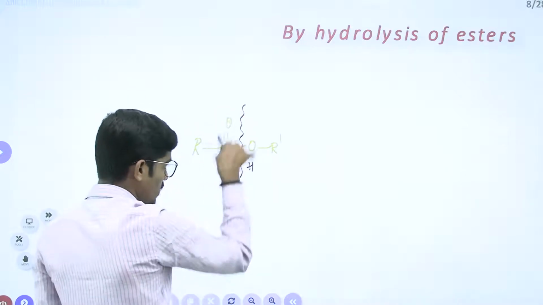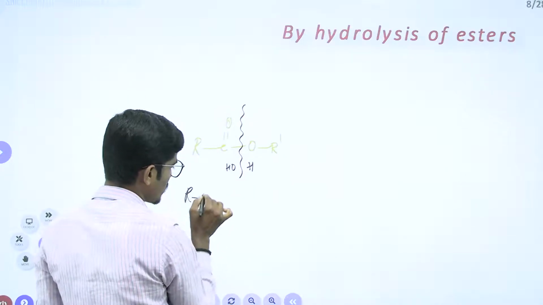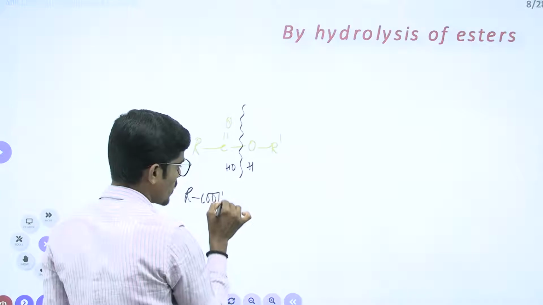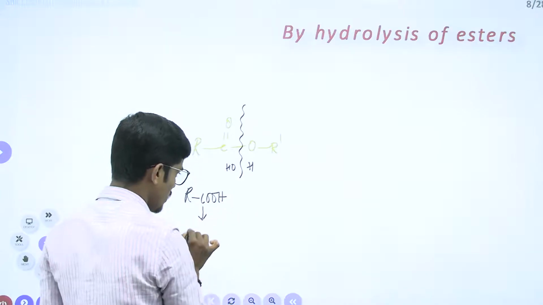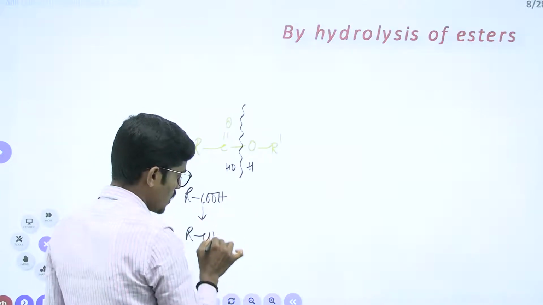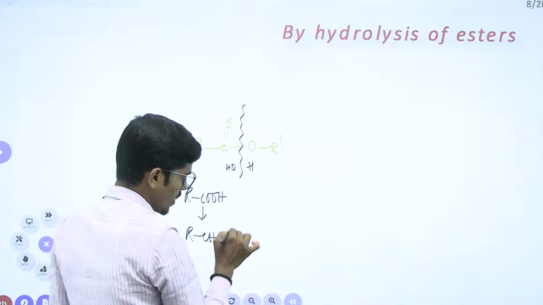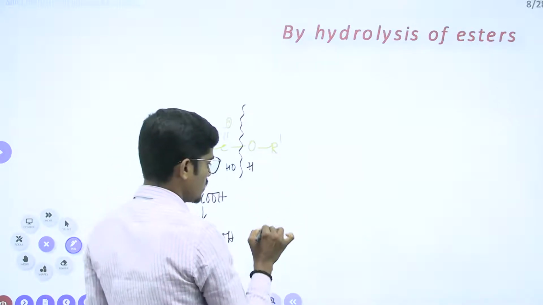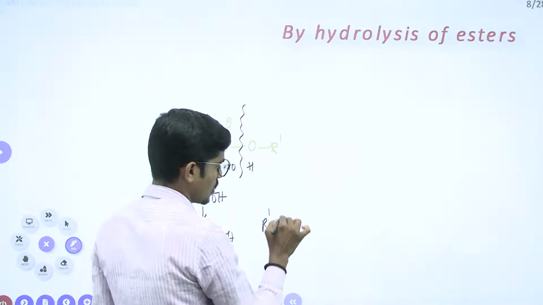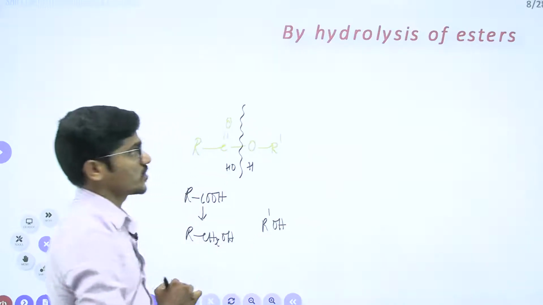So this part gives rise to carboxylic acid RCOOH, and this further undergoes reduction to give RCH2OH. Whereas from this side, this is also alcohol.